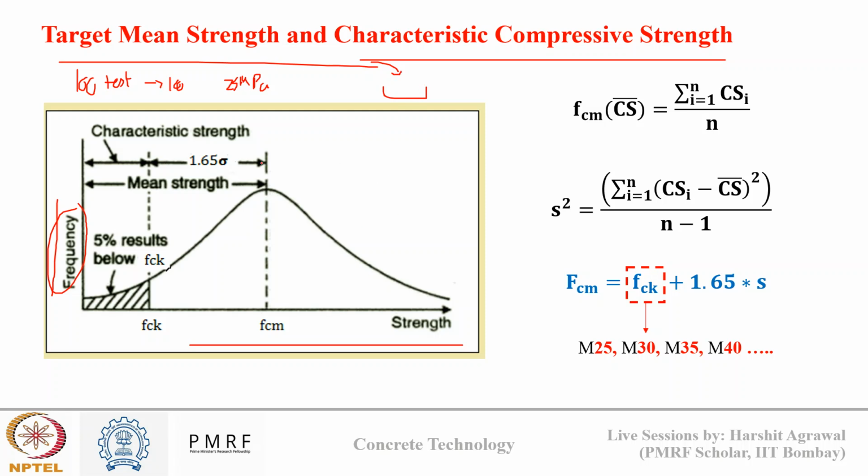Okay, so suppose a person prepares 30 concrete cubes. When he does the compressive strength test on those 30 cubes, he will get a curve like this, with varying strength. Such a distribution of strength is known as a normal distribution.